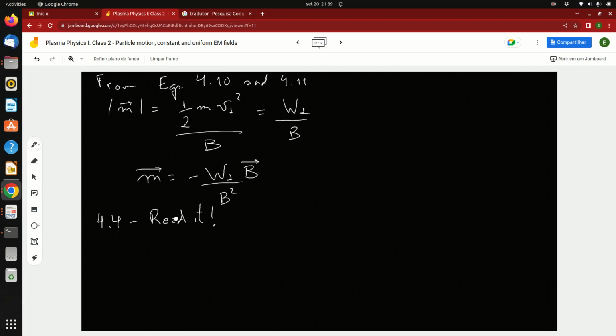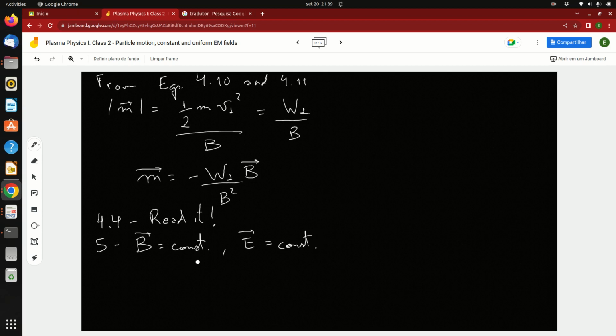I'm skipping it because I want to move forward to section 5, where we have uniform magnetostatic and electrostatic fields. So here we're going to consider B equal to constant and E also equal to constant.